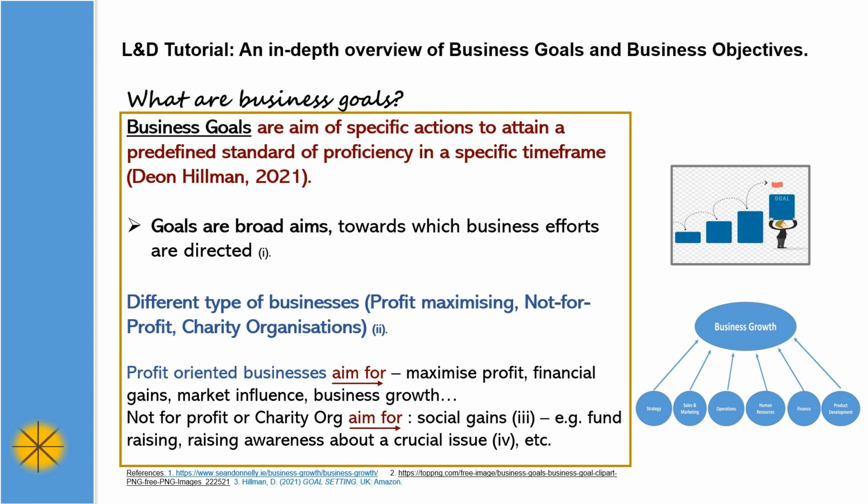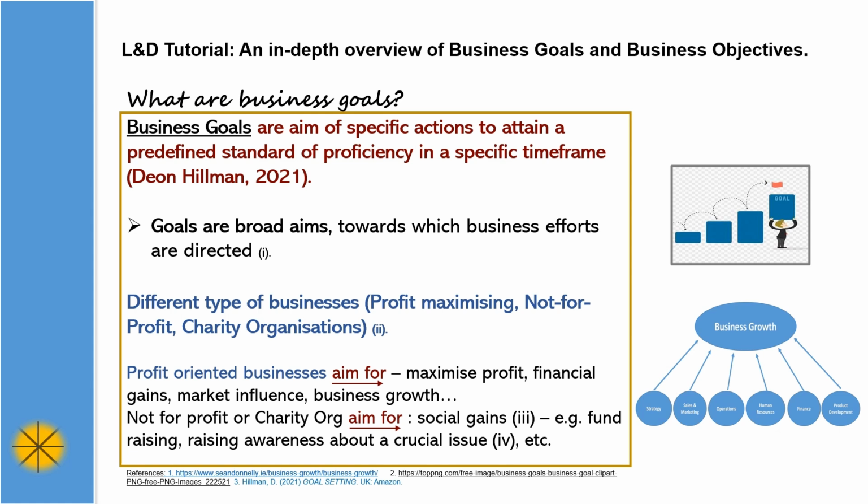There are different types of business organizations, profit maximizing, not for profit, charity organizations, etc., which have different goals based upon their vision. Profit oriented businesses aim for maximizing profit, they work for financial gains, for market influence, business growth, and so forth.